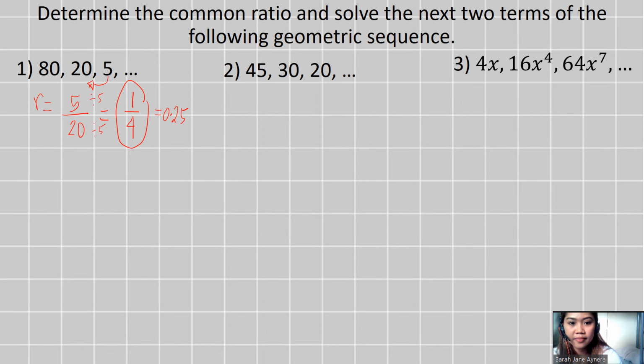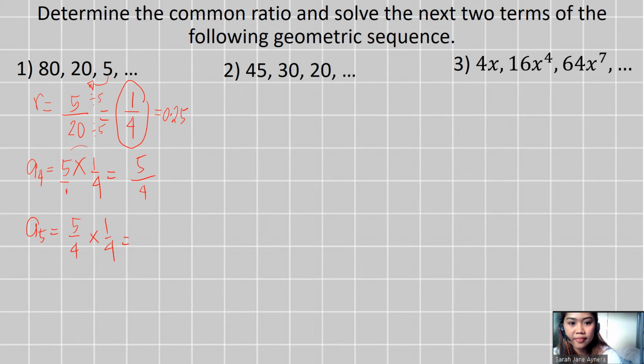Now, what will be the next two terms? So, we have here 5. That is a sub 3. So, to get the fourth term, we multiply the preceding term 5 times 1/4. 5 times 1/4, numerator times numerator, we have here imaginary 1 as the denominator of 5. 5 times 1 is 5. 4 times 1 is 4. So, the fourth term is 5/4. The fifth term is the preceding term, which is 5/4 times 1/4.